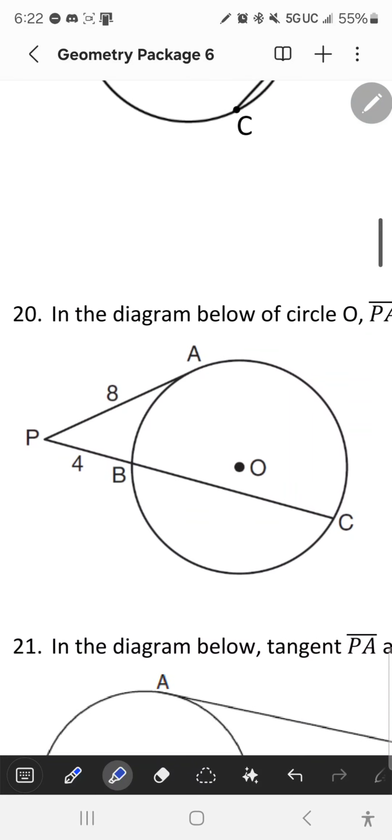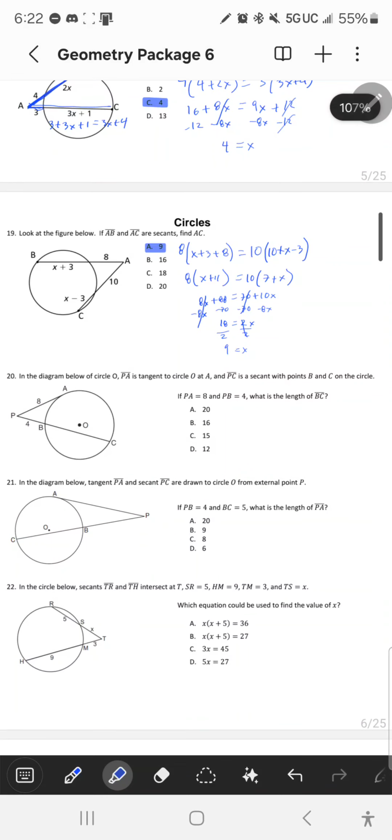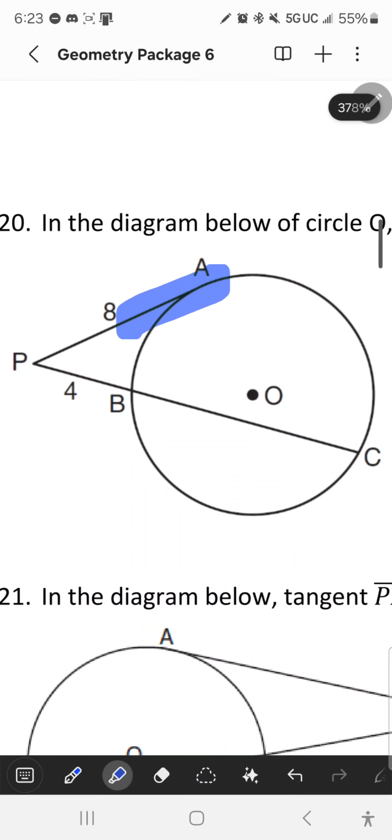So what we need to do is another theorem again. The good thing is that it's really like the other theorem. But in this case, as you can see, since this is tangent, it passes right over here, touching, but not passing through the circle.